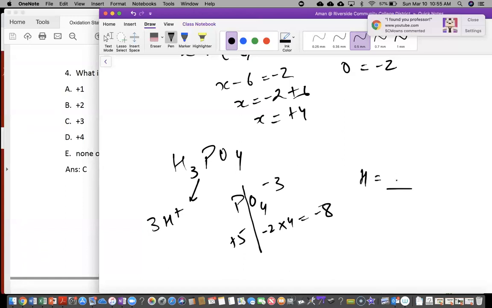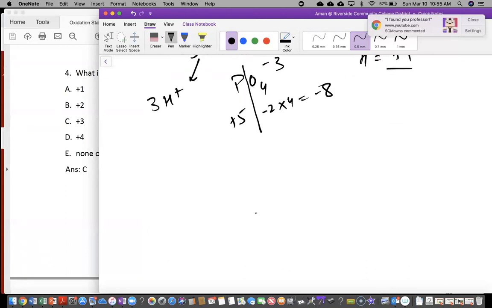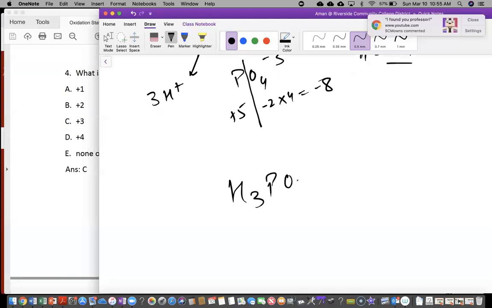H is always +1, okay? Let me show you here. In H3PO4, you know that PO4, the whole thing, is -3.